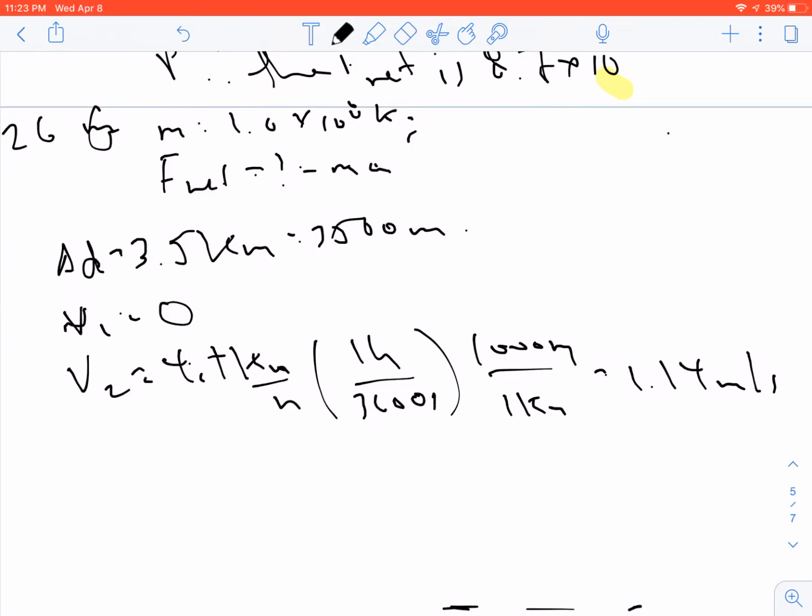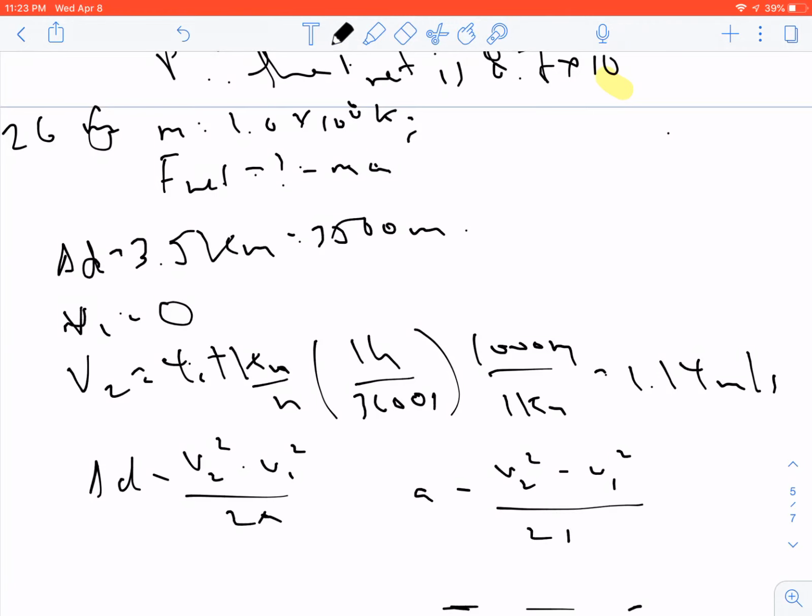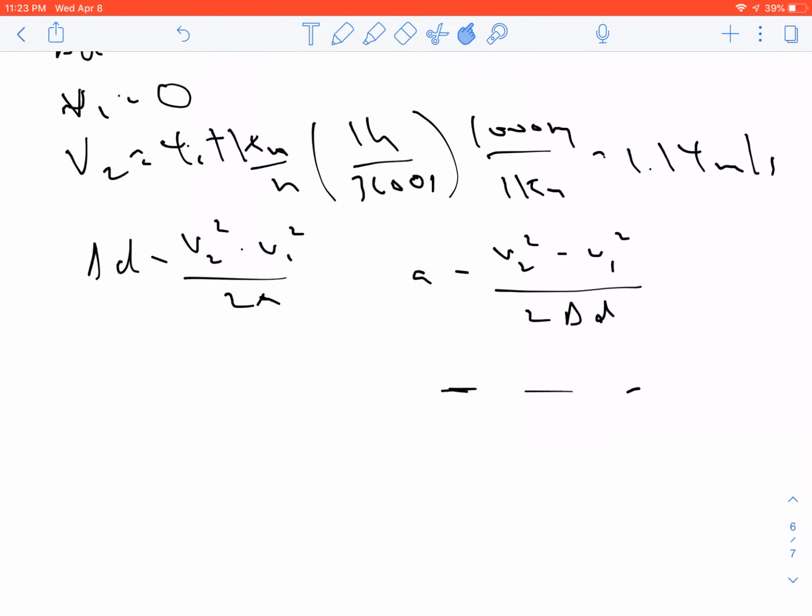Okay, if I know delta d, v1, and v2, I can solve for my acceleration using my formula delta d equals v2 squared minus v1 squared over 2a. Let's rearrange to solve for a. a equals v2 squared minus v1 squared over 2 delta d.